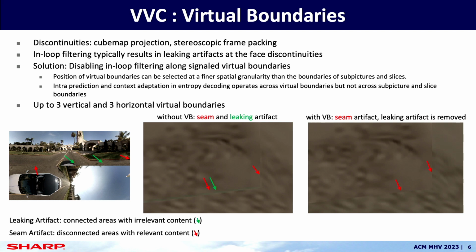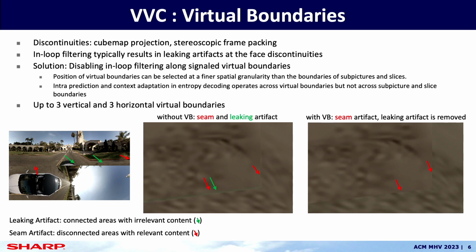So the virtual boundaries is a concept where, for example, for this cube map image that we are compressing, you can indicate a virtual boundary right across the picture, and then you won't do the filtering across that virtual boundary. And similarly, vertically, you can specify boundaries.